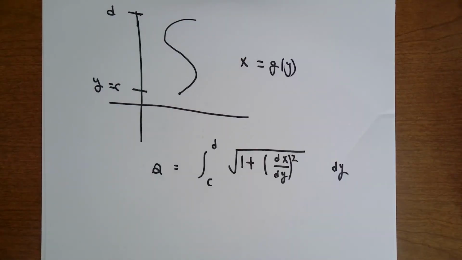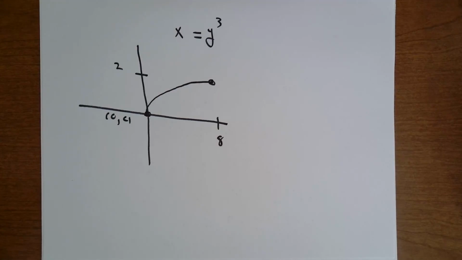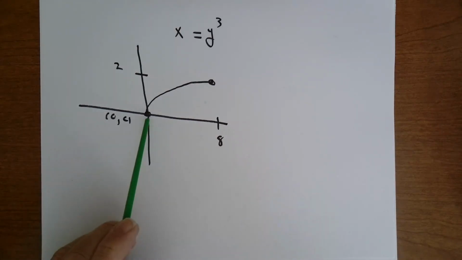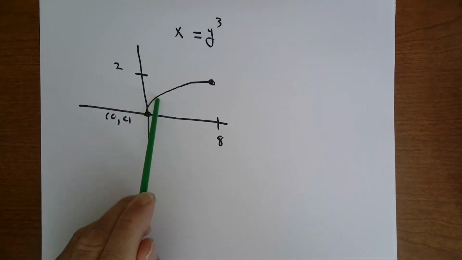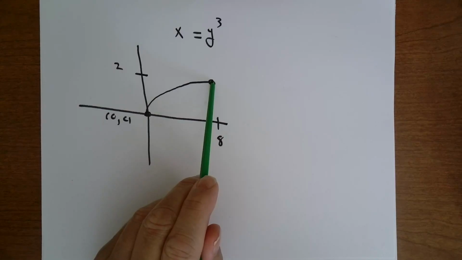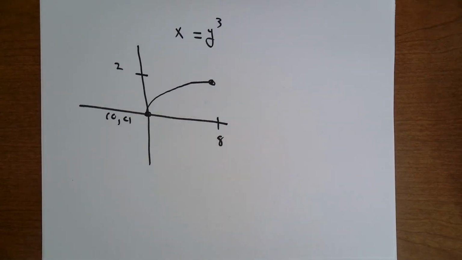I'll do an example of this up to setting the integral up. I'd like to look at the graph of x equals y cubed. I'd like to start at this point, travel along the curve till I get to that point. It's worth mentioning that I could do this using the same style that we were doing a moment ago. I could say that y is the cube root of x.